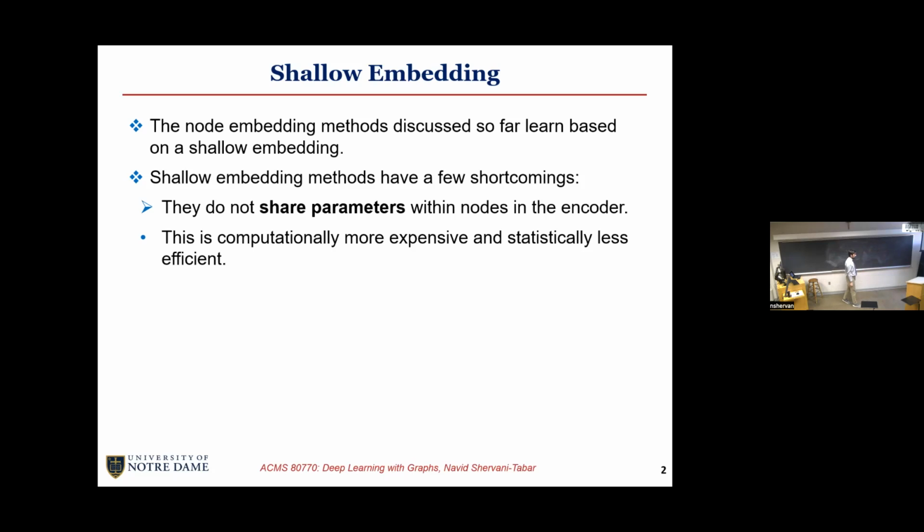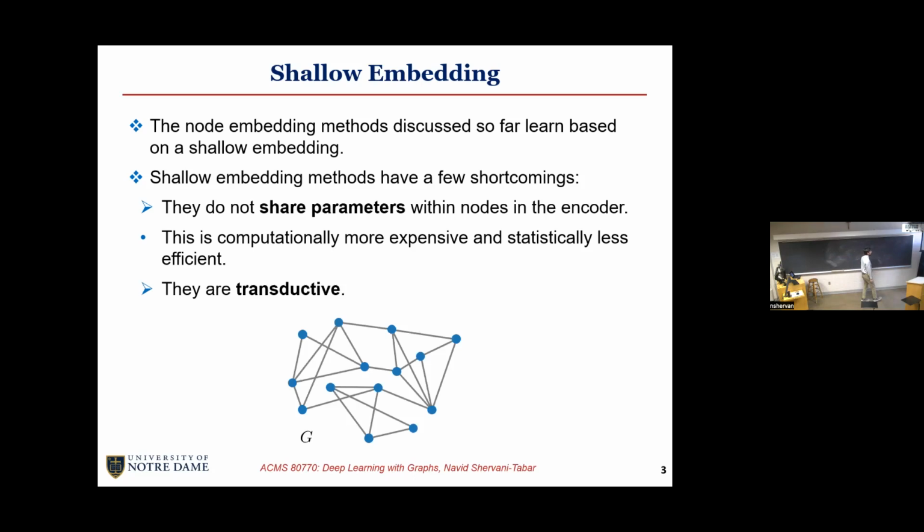There are many graphs in practical applications like social networks that have too many nodes. We need something more convenient that shares some parameters. It is also statistically less efficient because we are not sharing information when learning embeddings for different nodes. We are learning separately for each node in the graph.